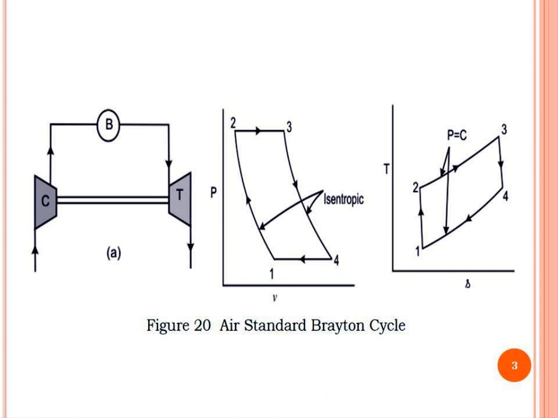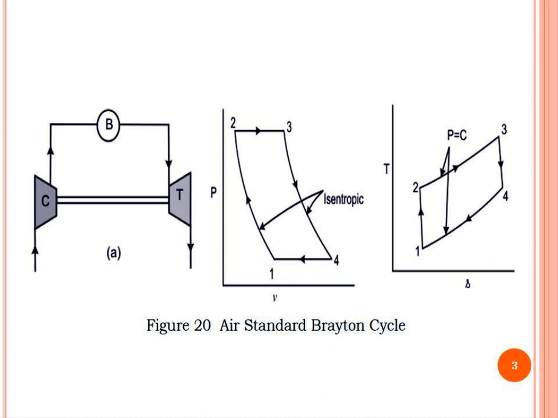If we talk about the working, the air from the atmosphere enters the rotary compressor, which is a power consuming device. The air is compressed, and at the outlet of the compressor we get high pressure, high temperature air.